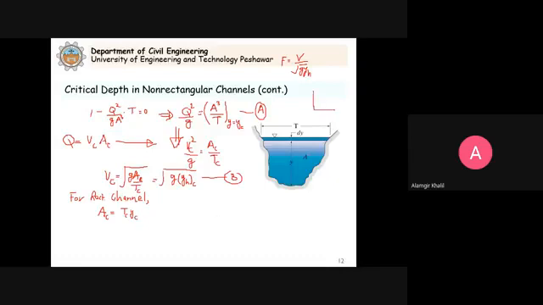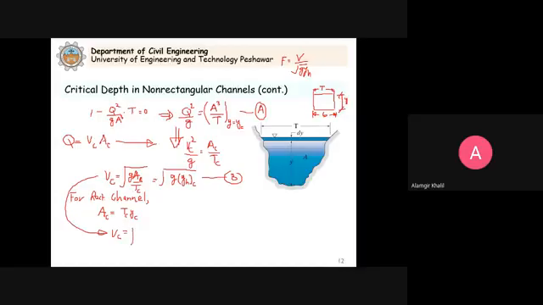Because for a rectangular channel, the width of the channel and the top width are the same. This is Y, and this is T. In your book it is capital B, but we denote it by T, and this is the width, small b. So for a rectangular channel, T and B are the same. That's why B into Y or T into Y is your area. Clear?